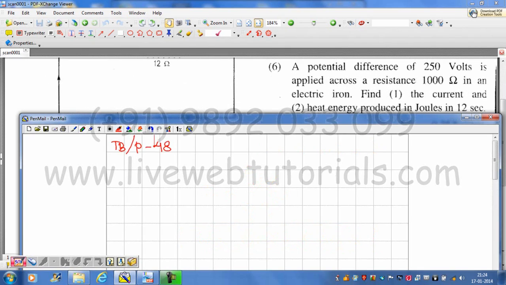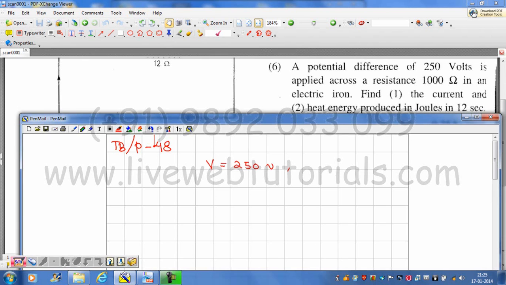Now sum number 6. A potential difference of 250 volts is applied across a resistance 1000 ohms in an electric iron. Find the current and the heat energy produced in joules in 12 seconds. Okay, now the potential difference is given. That is the first thing. That is 250 volts.